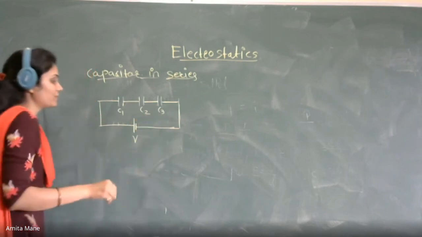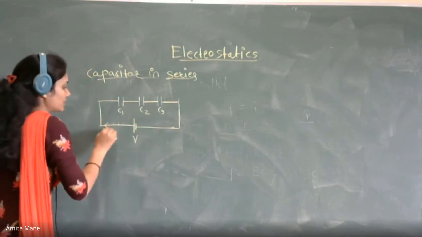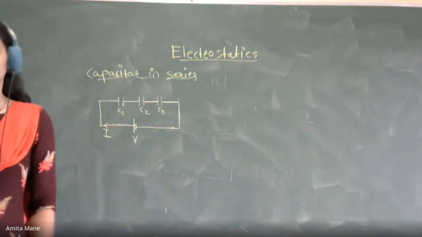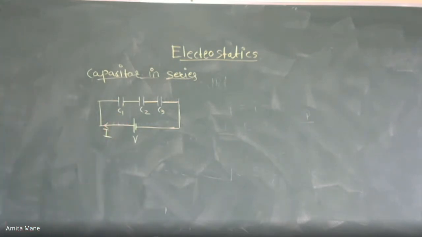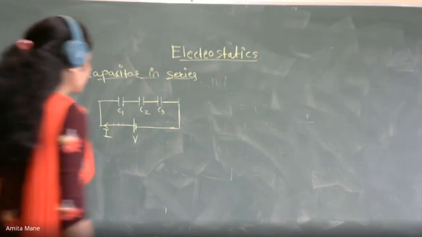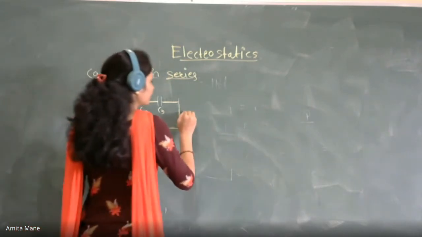This is the supply voltage. Consider I is the current going through this series of capacitors, and I have to find the equivalent capacitance of this combination.